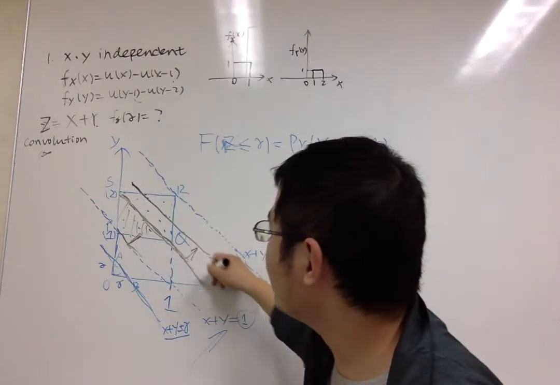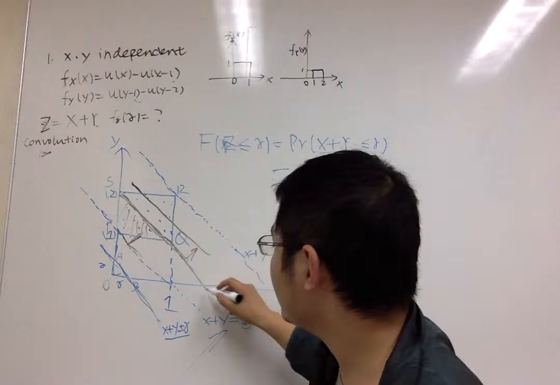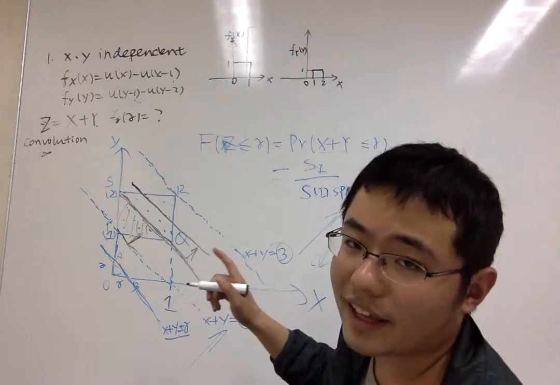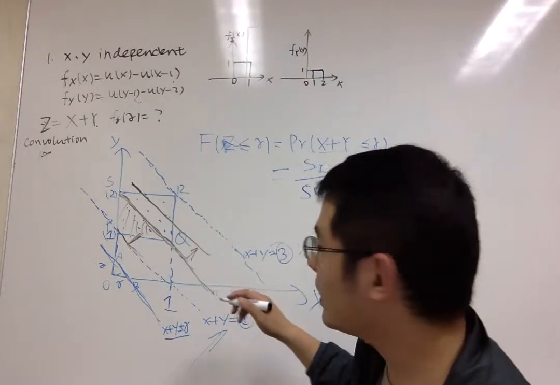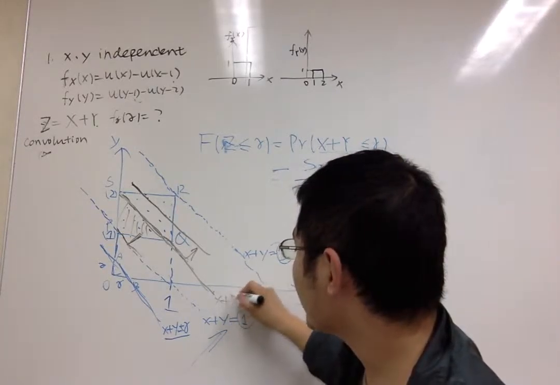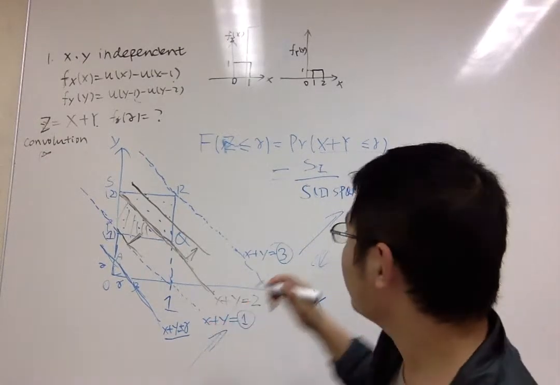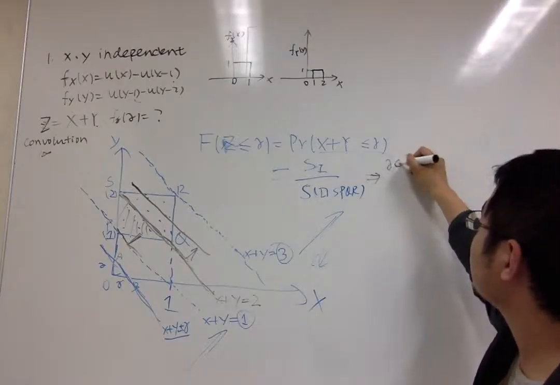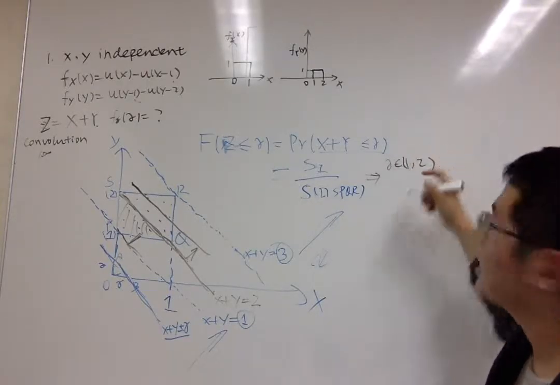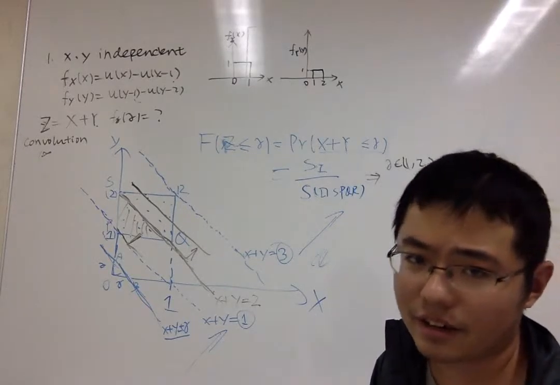That's very easy to find out, because the diagonal of the square falls on a straight line, x plus y equals 2. So when z is between 1 and 2, the area we're referring to, the shaded area, is a triangle.